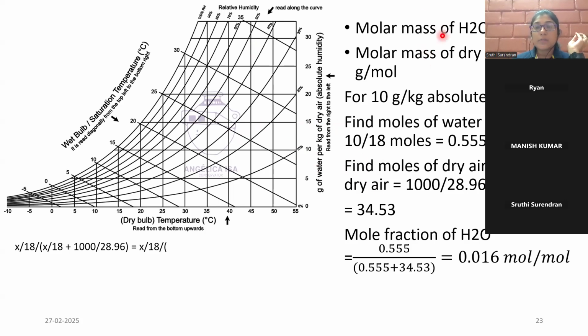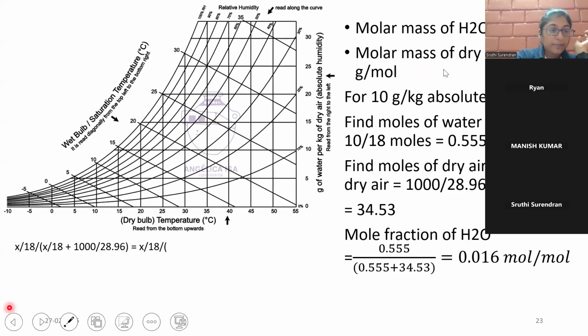So we know the molar mass of water is equal to 18 grams per mole. The molar mass of dry air is equal to approximately 28.96 grams per mole. This is a value that is usually considered; there might be small variations in this value. Now, suppose we are getting a value of, say, 10 grams for actual vapor pressure.